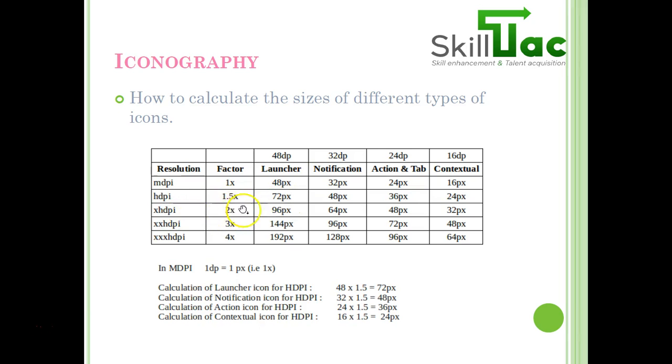XHDPI is 2 times your 1x factor, so 2 times 48 is 96, and double X HDPI is your 3x, which is 144 pixels, 3 times 48. And similarly triple X HDPI is 4 times your single factor of 48 pixels. So 4 times 48 is 192 pixels.